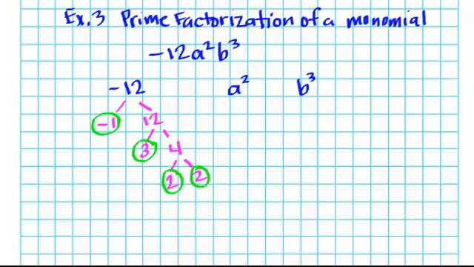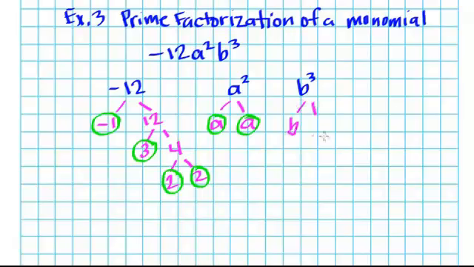Now in my next spot, a squared, factors of a squared. When I multiply 2 numbers together that give me a squared, the only ones are a and a. And so I can't factor the a's out anymore. I'm done. Now with the b to the third. Factors of b to the third.